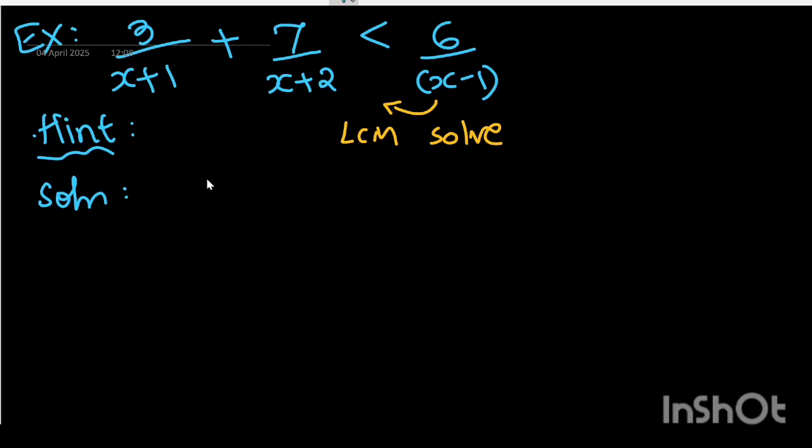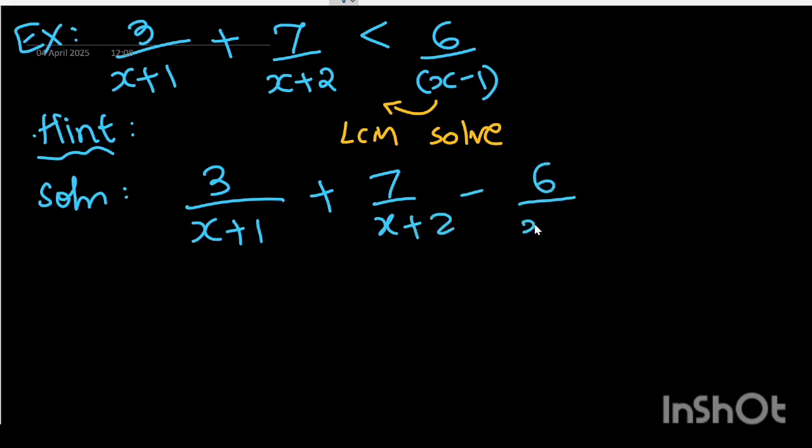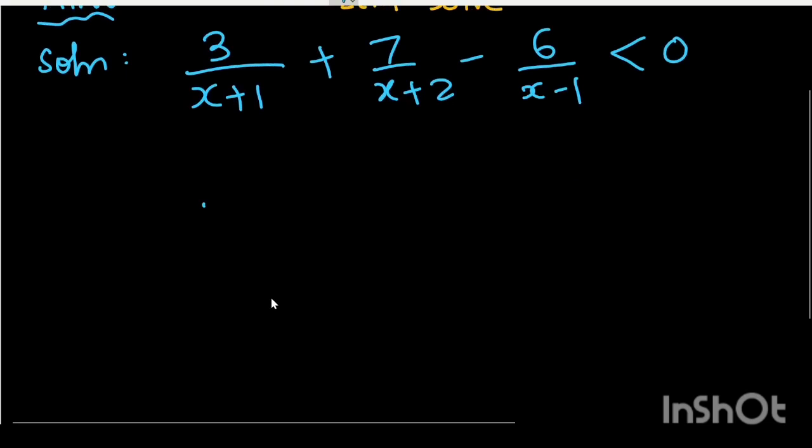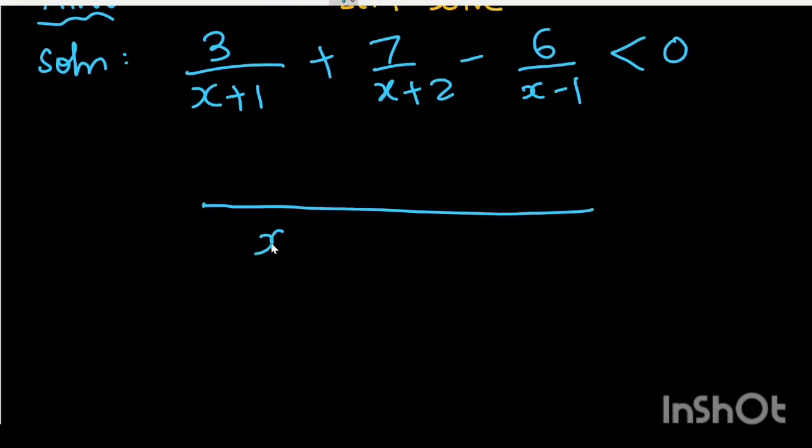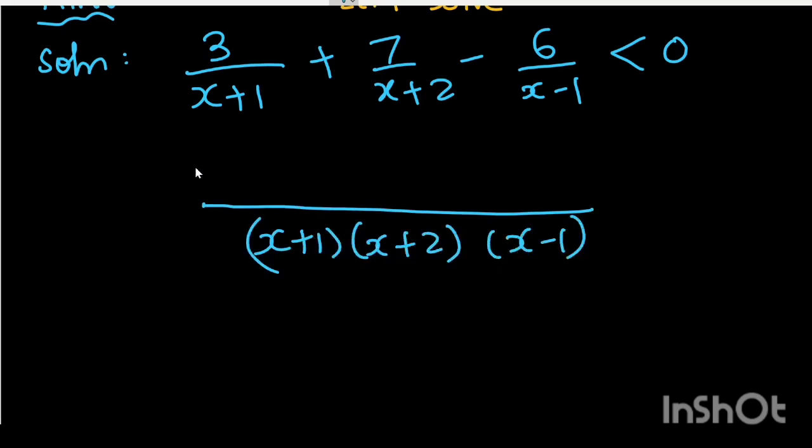So taking x plus 7 upon... 6 upon x minus 1 on the left hand side fully, we are left with 0 on the right hand side of the inequality. Now we will take LCM, guys. So taking LCM of the denominators, all the three factors x plus 1, x plus 2, x minus 1 will come. So 3 would be multiplied with what? Yes, 3 would be multiplied with x plus 2 and x minus 1.